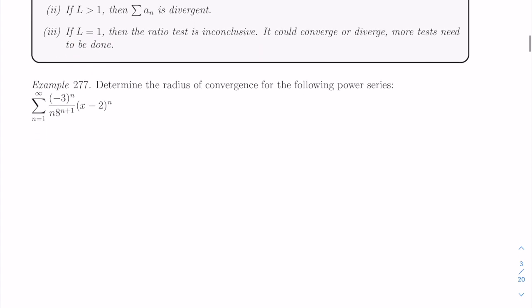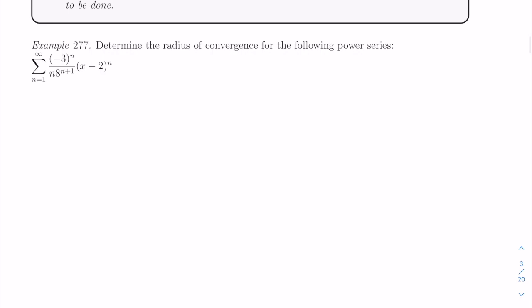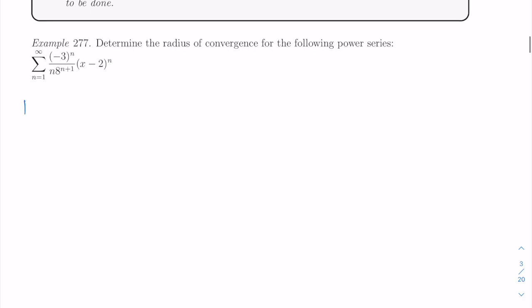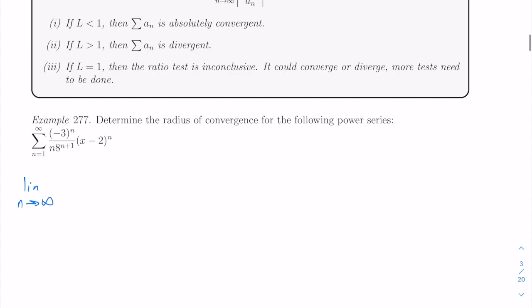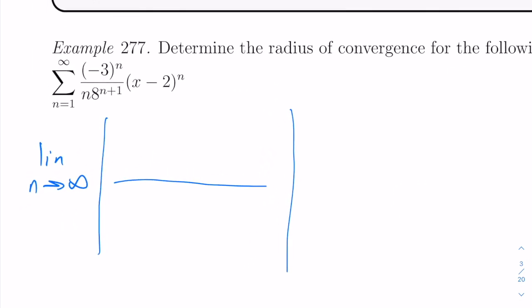So let's use that on a series right here. Example 277: determine the radius of convergence for the following power series. That one right there. So let's use the ratio test. We will take the limit as n goes to infinity of, I have to write a bunch of stuff down, so let's zoom in here.